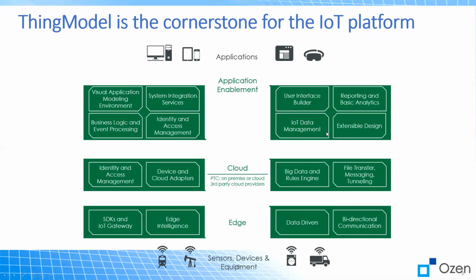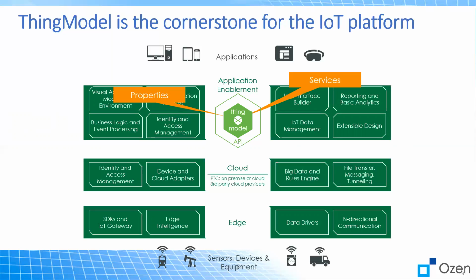On top of that, you have the cloud compatibility, which means the device and the cloud can be connected, and things can be deployed on the cloud. And also on top of that, there is edge, which means the interface between the devices and the Thing model. When you have a Thing model, you can define properties, services, events, and subscriptions.